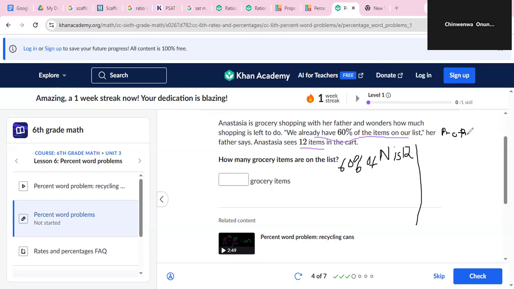On the right hand side, I'm going to treat it as a proportion. Remember, a proportion is part over whole equals percent.